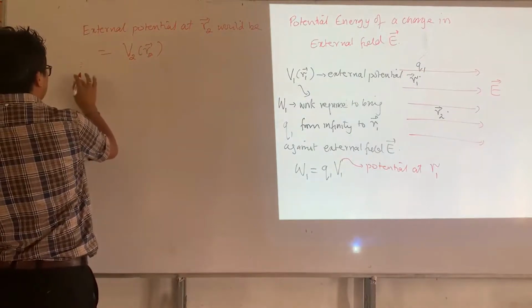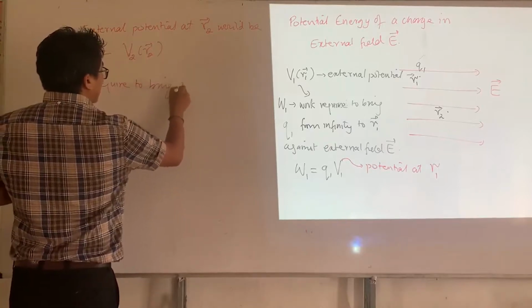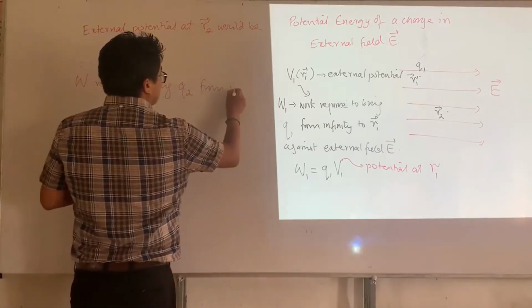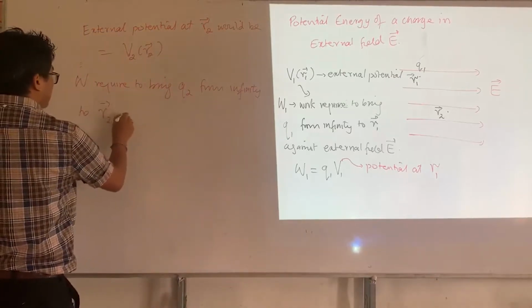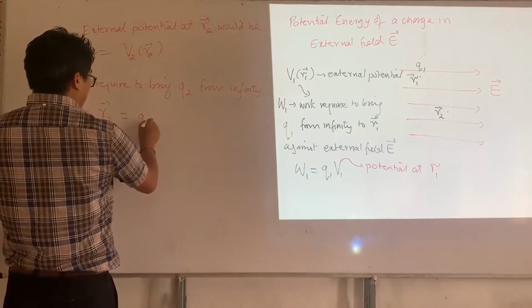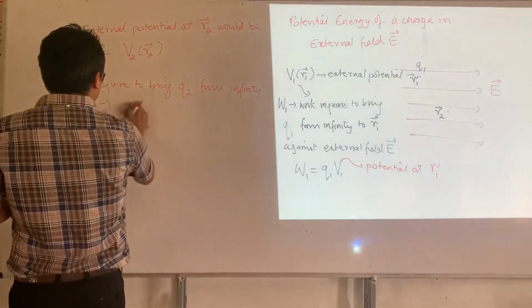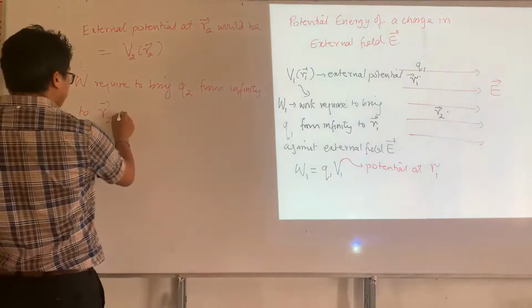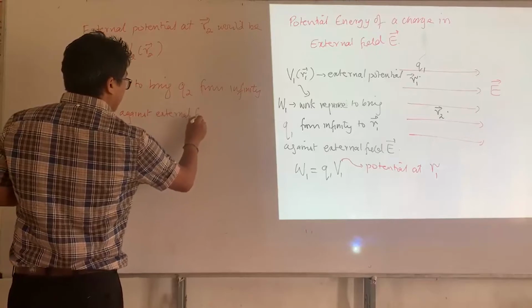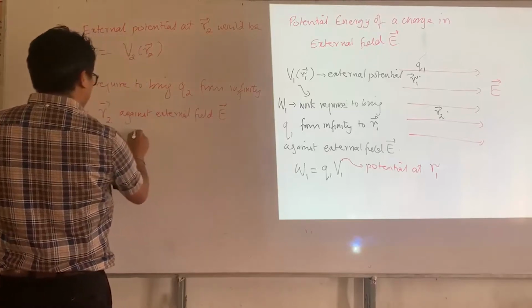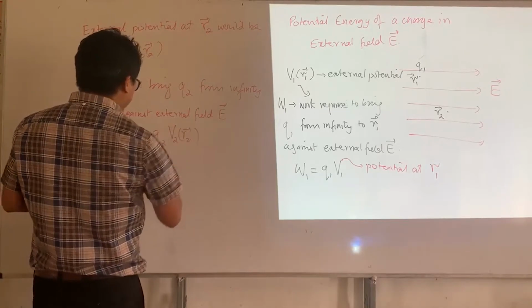The work required to bring Q2 from infinity to R2 against the external field E would be equal to Q2 V2.